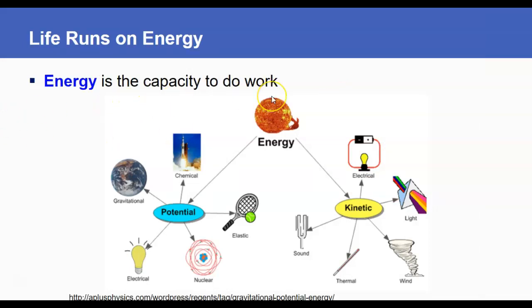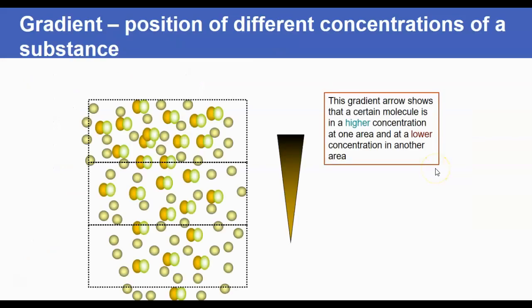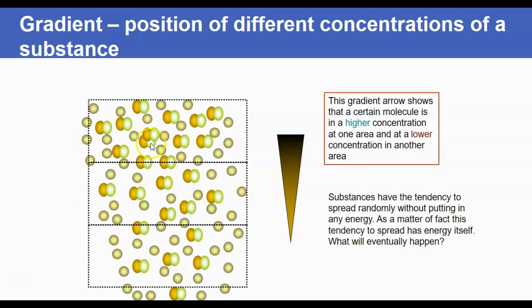Now we can talk about the energy in order to do them. So energy is the capacity to do work, and there's different types of energy. There's different forms of energy, the things that you're familiar with, like light or energy that's in a battery, or kinetic energy, where something is moving, or that chemical energy stored in the bonds of those different atoms. There's even energy stored in gradients by those different concentrations that we saw in the previous chapter.